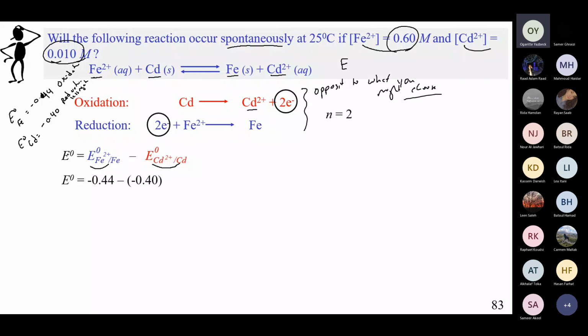The reaction is already given to me, so I can't choose who's oxidation and who's reduction. The reaction is telling me that iron is the reduction and cadmium is the oxidation.